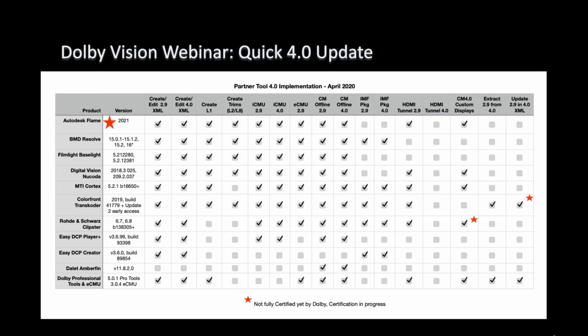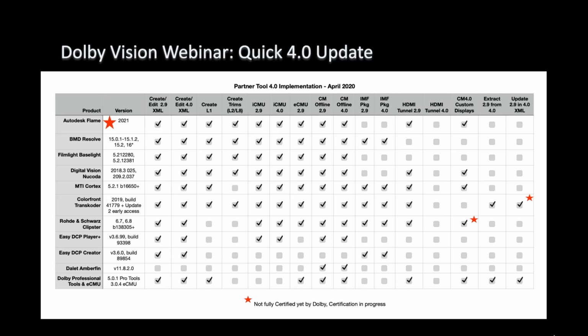Great. And so we thought we would just touch on Dolby Vision 4.0 briefly. We covered it quite extensively in the December webinar, and there's a couple updates. People are asking in the chat, what's the plan for studios to start accepting 4.0? Another question was, is 4.0 in beta?